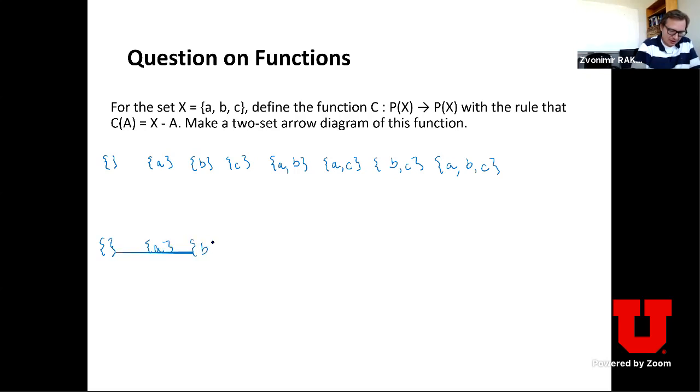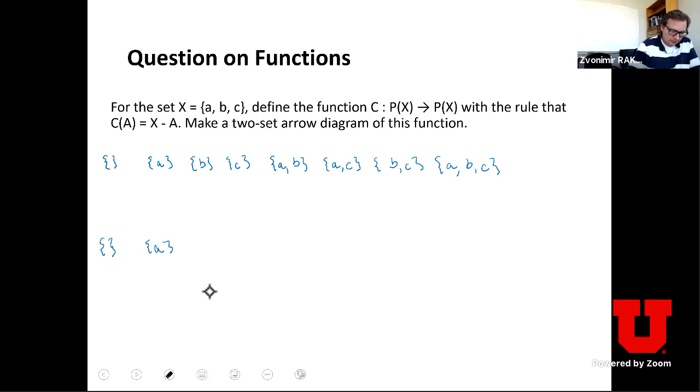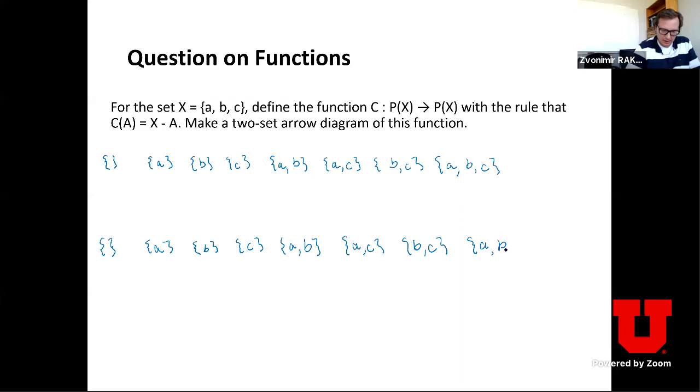A, B, C, A, B, A, C, B, C, A, B, C. So you can draw them either vertically or horizontally. Either way is fine. For me, this works better because of how the slides look.